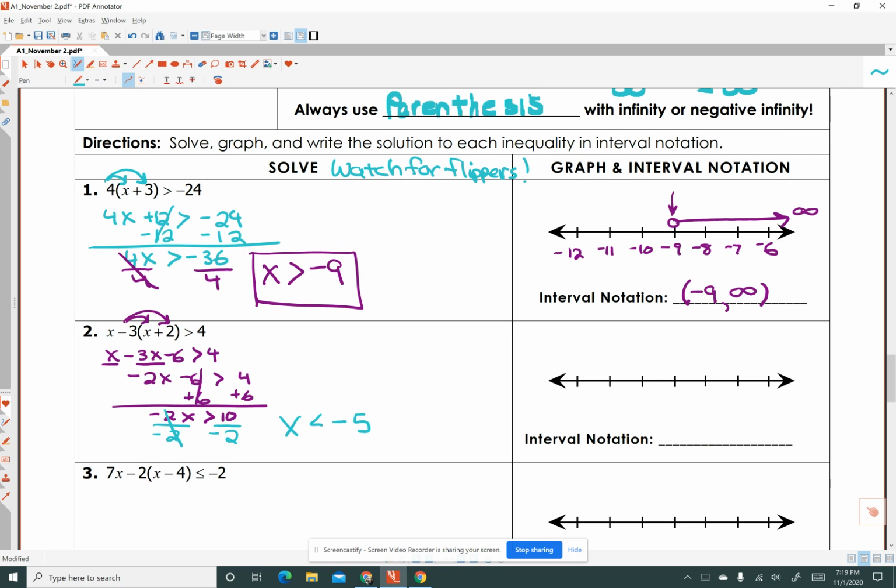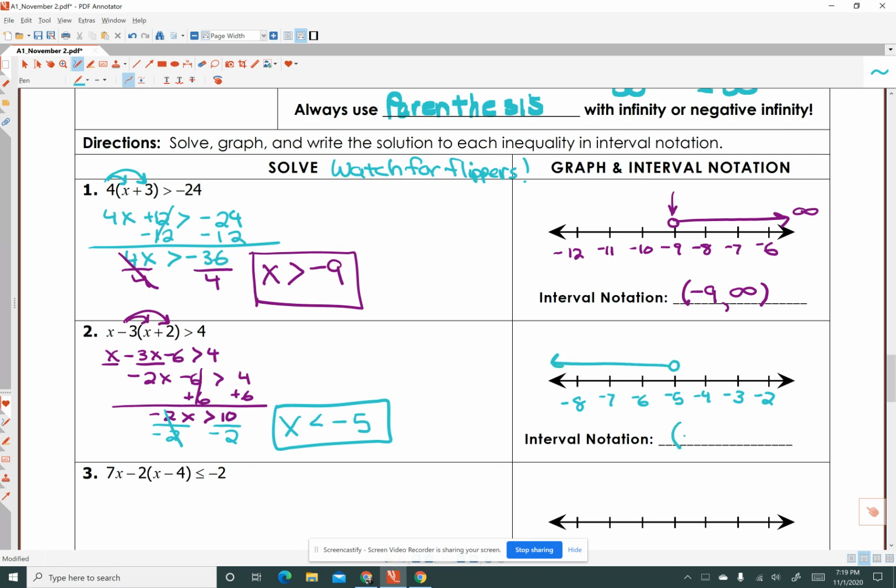Let's label our number line. We can start at negative 8, negative 7, negative 6, negative 5, negative 4, negative 3, negative 2. So less than gives us an open circle on negative 5, and x is less than, so our graph goes in that direction.